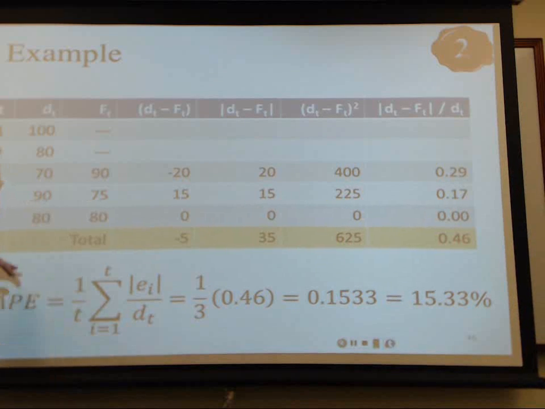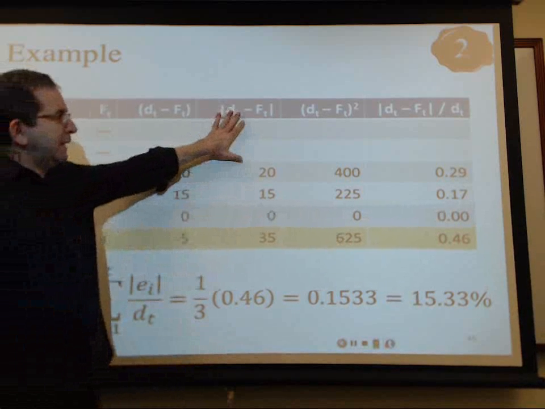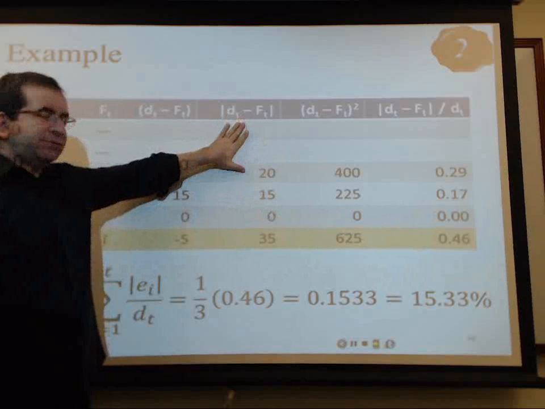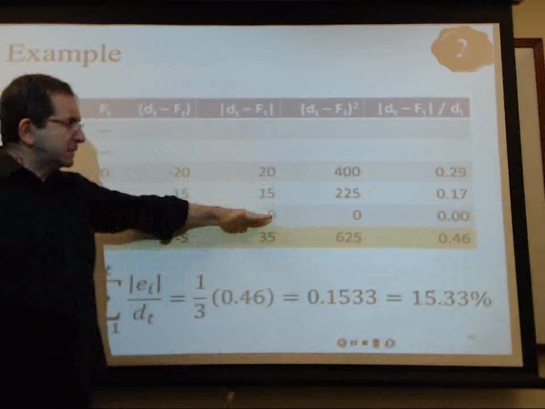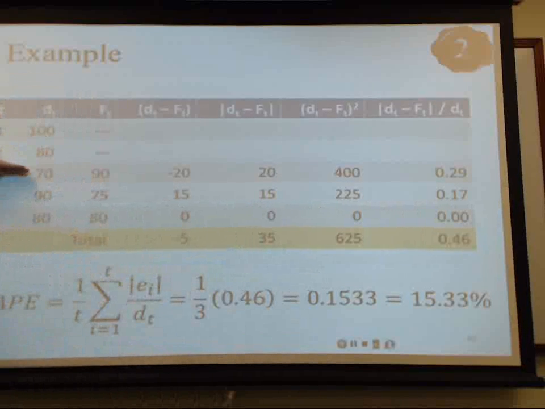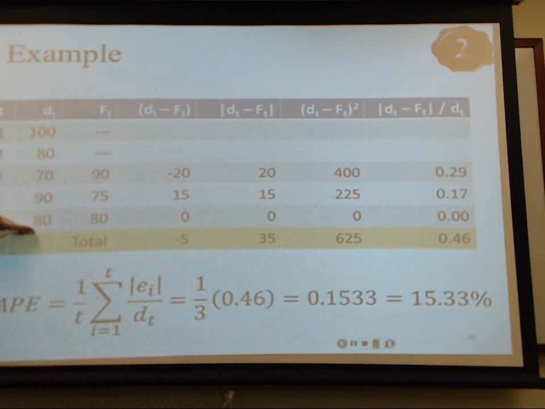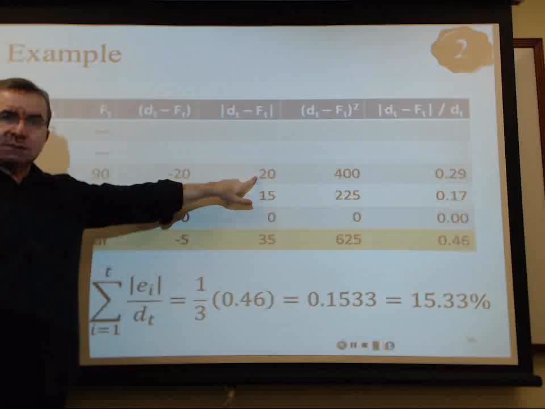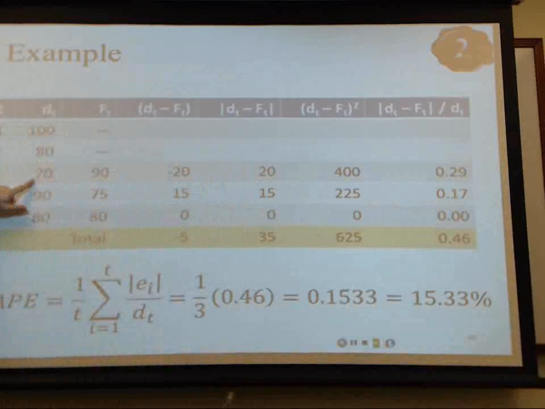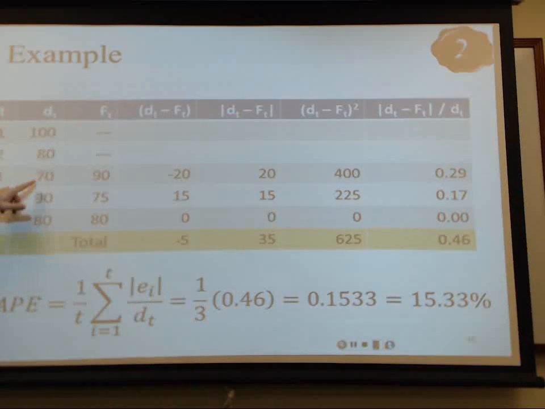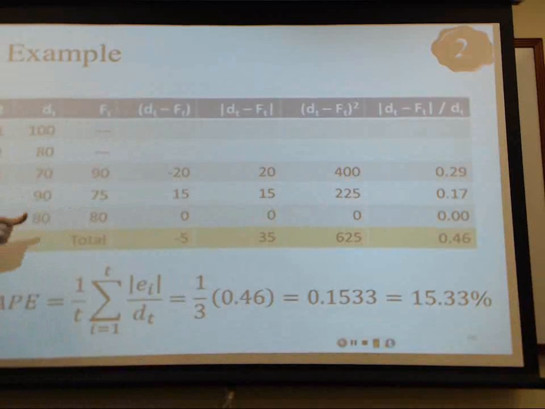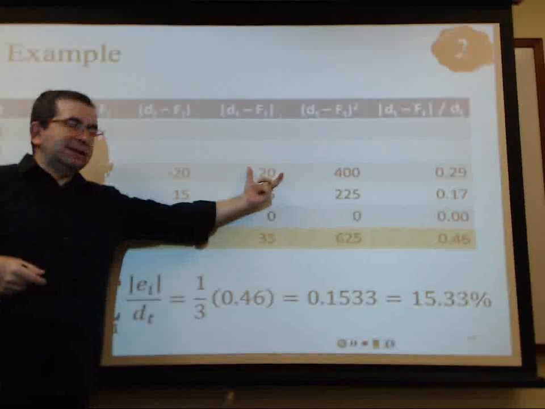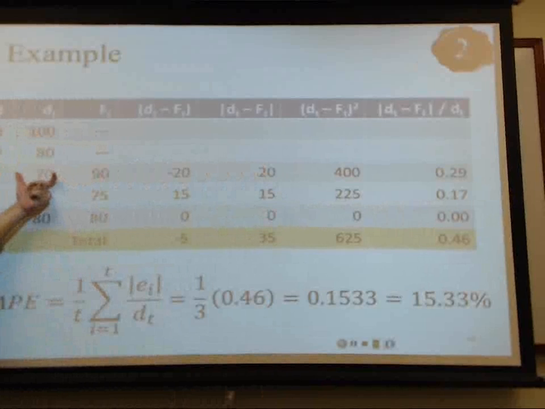So now I have the absolute value of my forecasts and I have the actual demands. Okay? I was off by 20 units from an actual of 70 units. What percent off am I? I take 20 divided by 70.